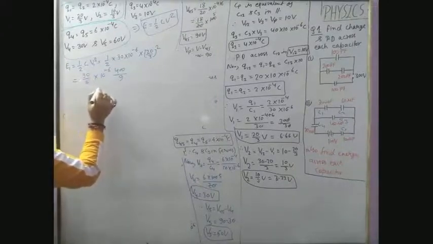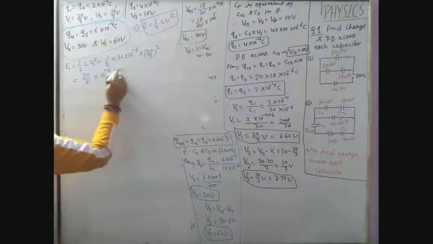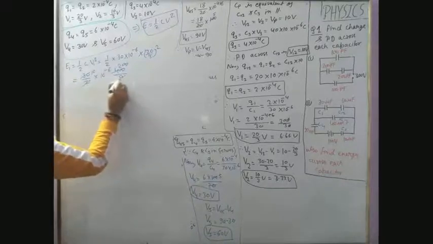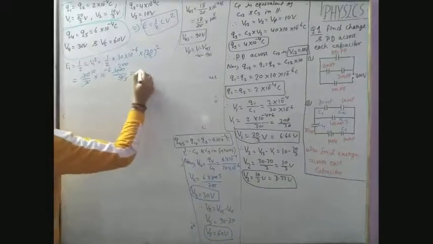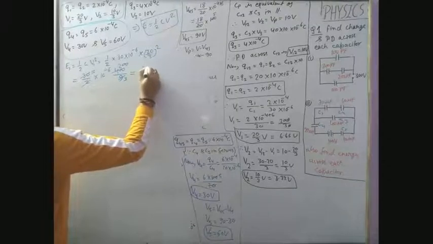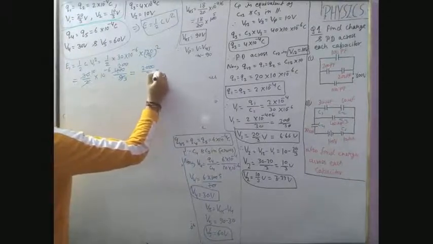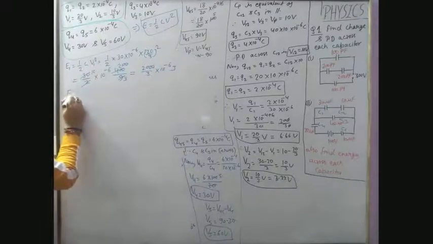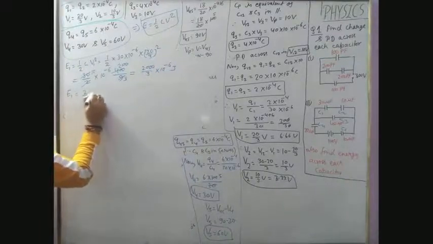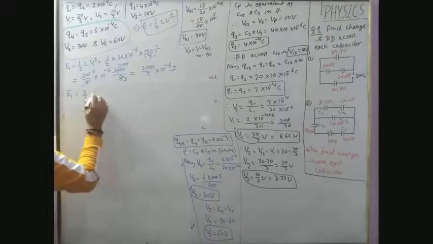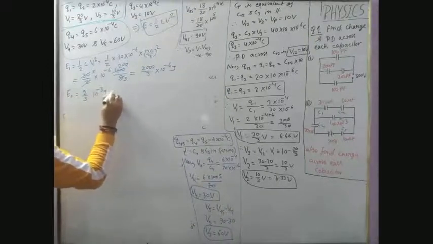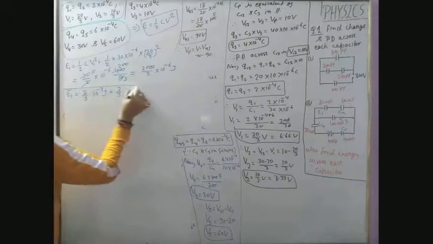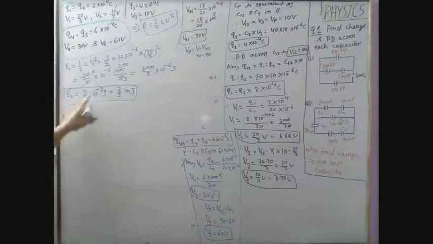So this cancels, and you will get 2000 upon 3 into 10 to the power minus 6 joule, which means E1 is equal to 2 by 3 millijoule, or 10 to the power minus 3 joule. This is the result for the first.